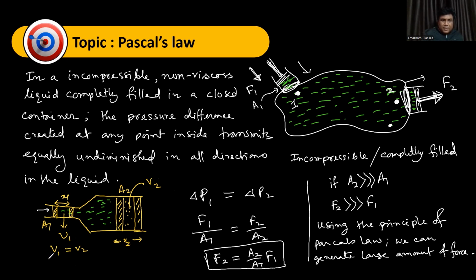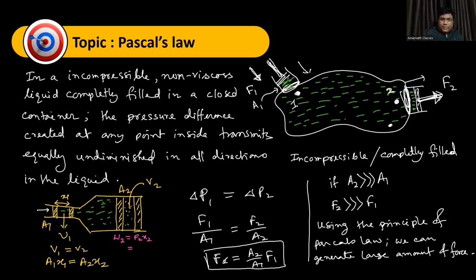Volume is area times displacement, so A1 X1 must equal A2 X2. Now the work received in the second piston, W2, is F2 into X2.